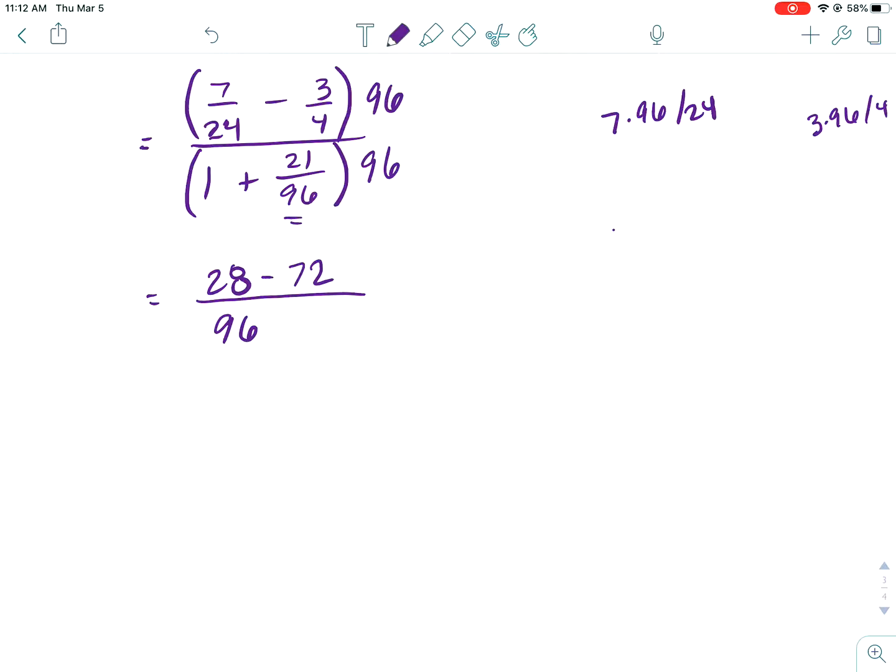All right, in our denominator, we can do this without a calculator. So distribute the 96. I know if I do 21 over 96 times 96, that's just 21. All right, so then I'll just subtract on my numerator, add in my denominator, and that is it. That is my answer.